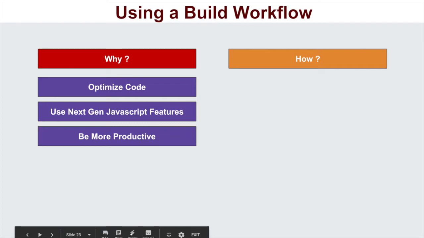Manually adding these prefixes is quite annoying, so automatically adding them is nice. Or consider linting, a tool which warns you if you are writing suboptimal code. Not strictly required, but a nice feature, and all these things should be part of a build workflow.